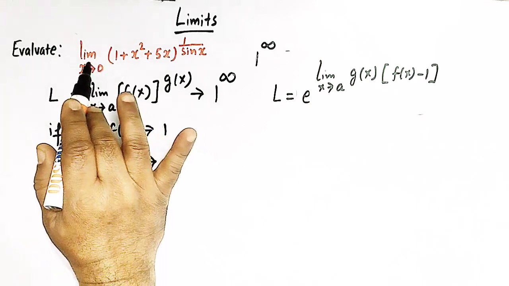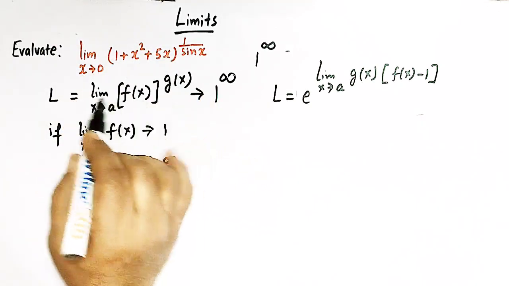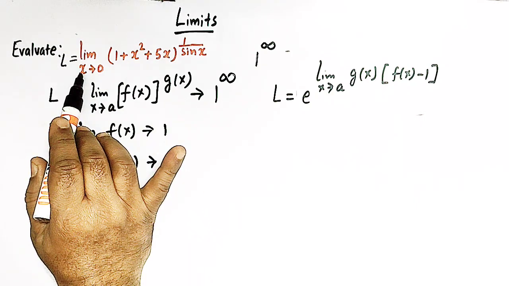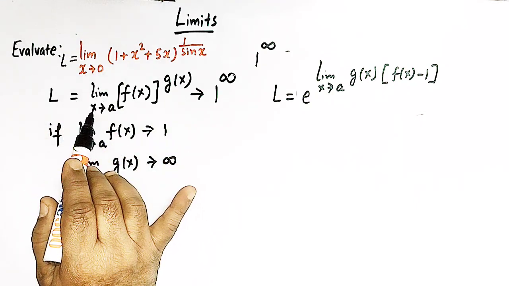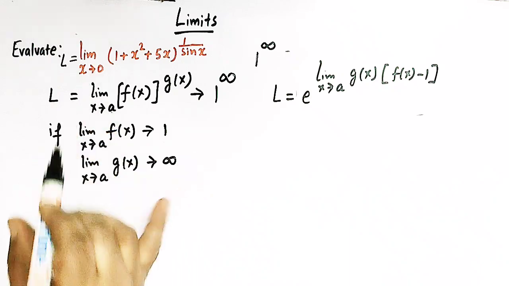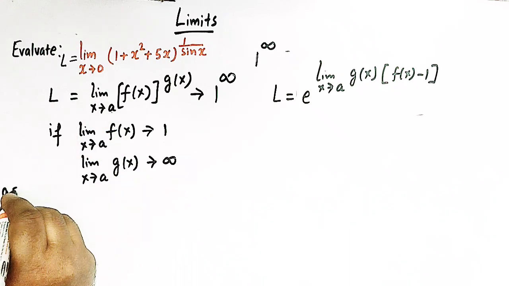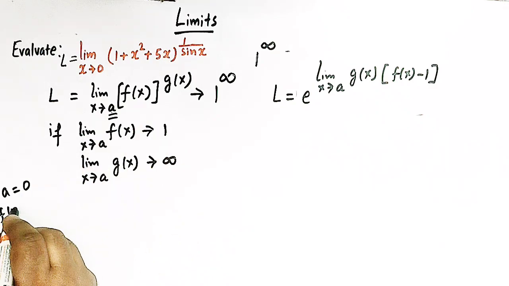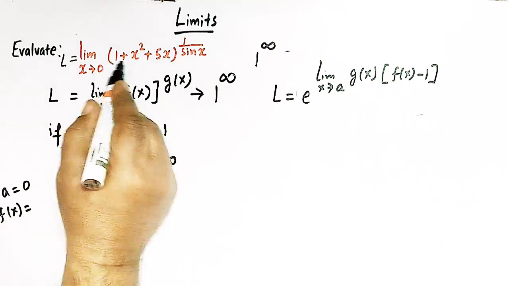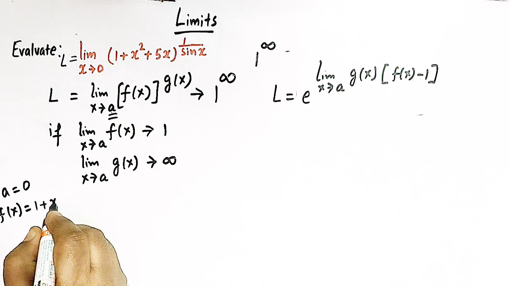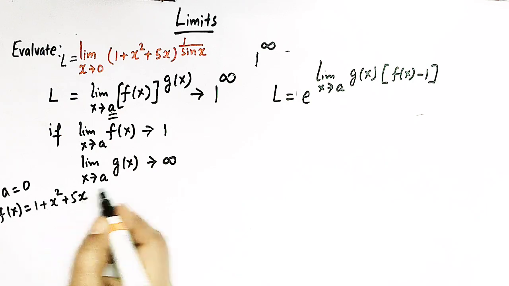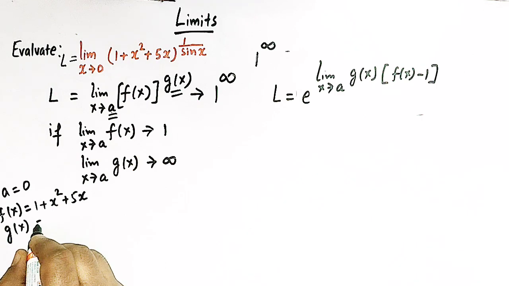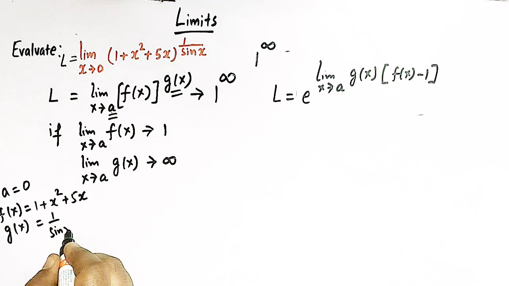So now let us compare this limit with this one, and let us call the value of this limit as L. Now here we have limit x tends to 0, and there we have limit x tends to a. So the value of a is equal to 0, and f of x is given by this quadratic polynomial, that is 1 plus x square plus 5x, and g of x is given by 1 over sine x, right?